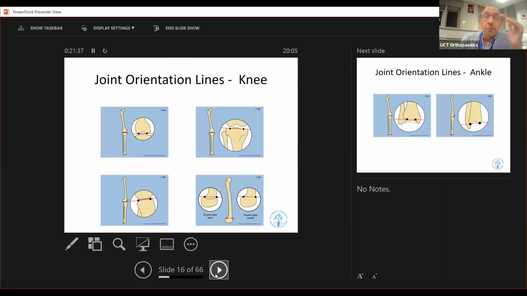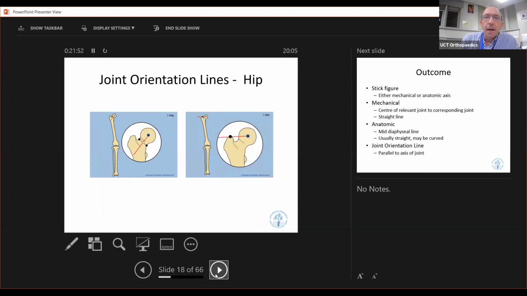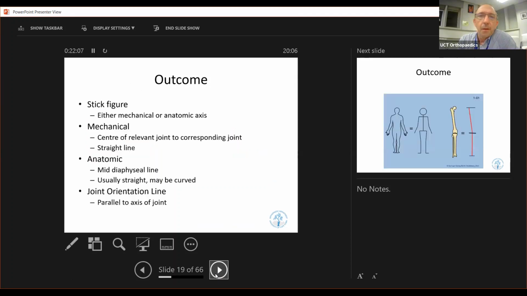So your joint orientation is going to give you a guide of metaphysis versus diaphysis, of your axis versus the joints. And then if you line up your joint orientation, and I'll get to this later, you will see that at times ligamentous laxity may mask or may be isolated in the context of a deformity.